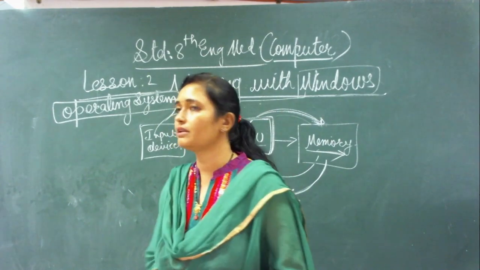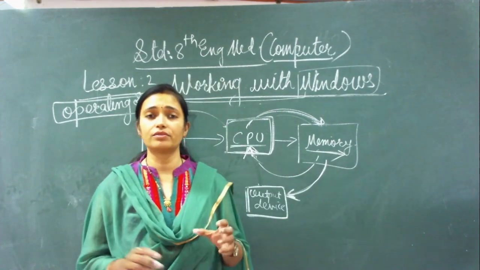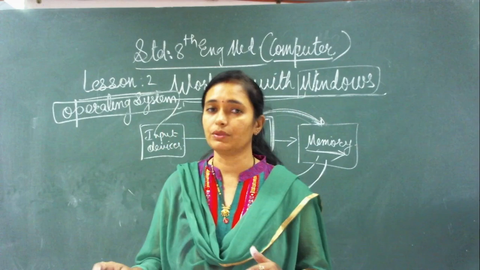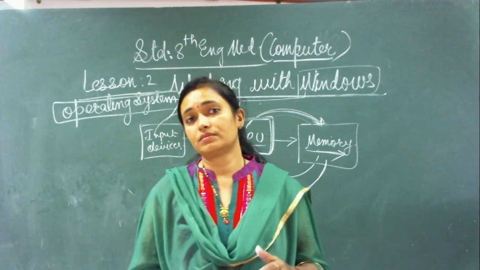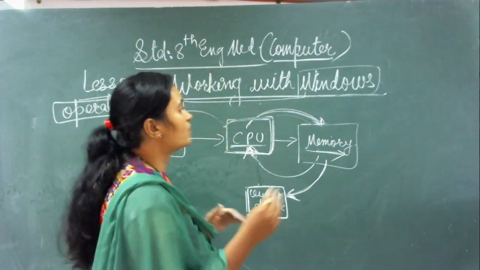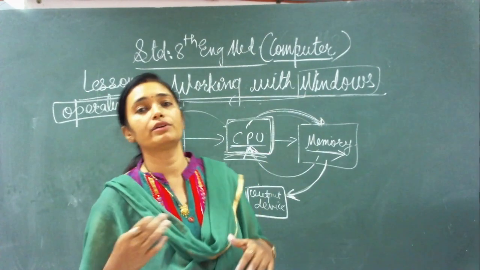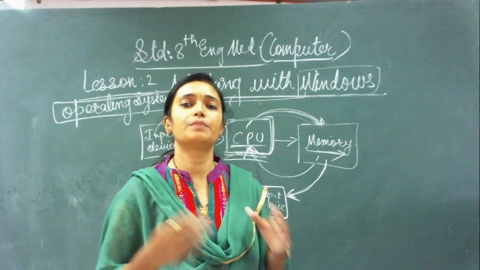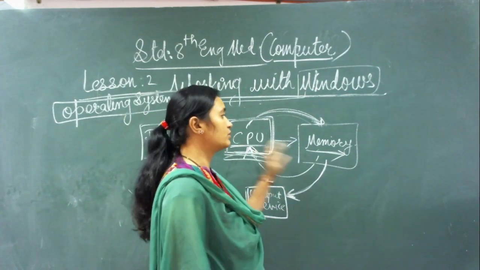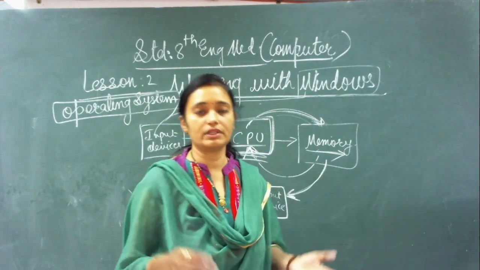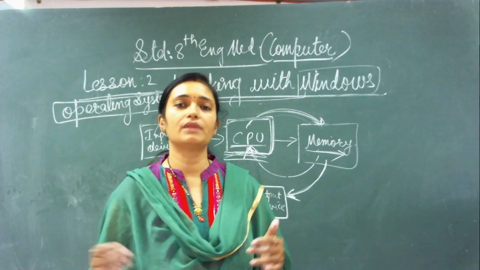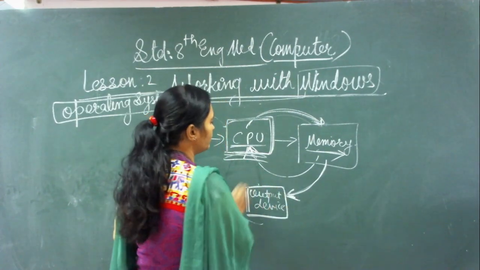It means that here the operating system will give commands to the CPU, for example when the data is received from the memory, right. Then the operating system will give a command to the CPU to transfer those data to the memory, or the output data can be transferred to the output device, right.